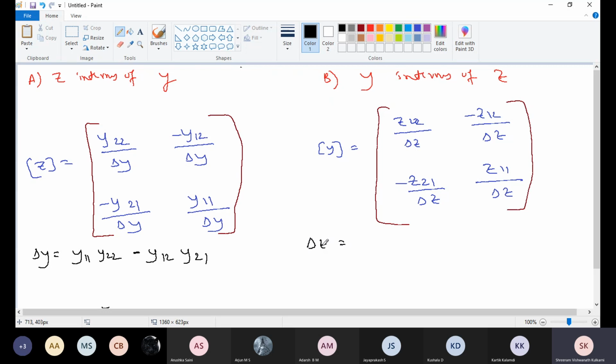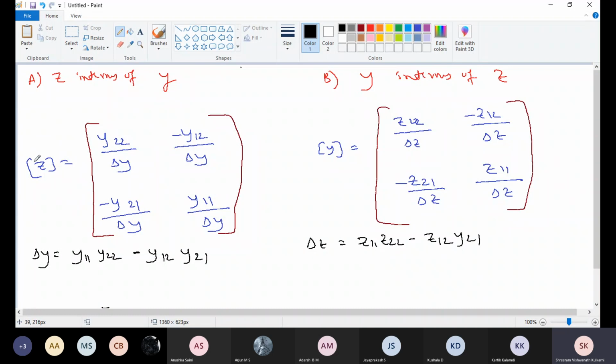Tell me. We can see similar equations I am writing here. Now tell me delta Z. Yes, delta Z equals Z11 into Z22 minus Z12 into Z21.